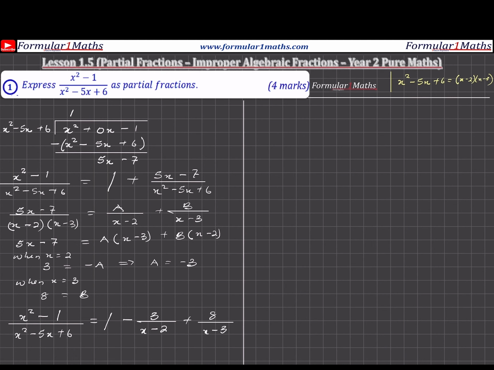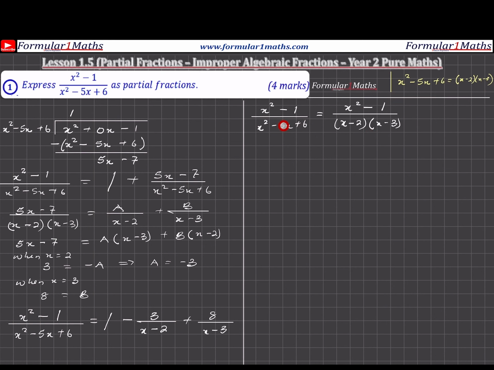I'm going to do the same question using the formula. For the formula method, x squared minus 1 over x squared minus 5x plus 6 can be rewritten as follows. x squared minus 1 over x minus 2 times x minus 3, because we have already factorized this denominator over here and we got that.